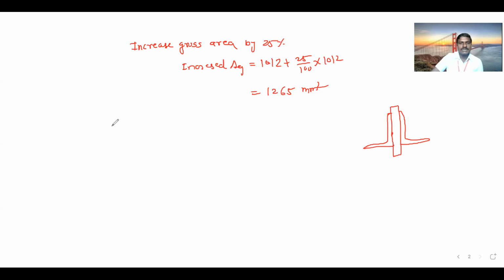Okay, so we have to write here, for single angle: AG increased for single angle is equal to 1265 divided by 2.